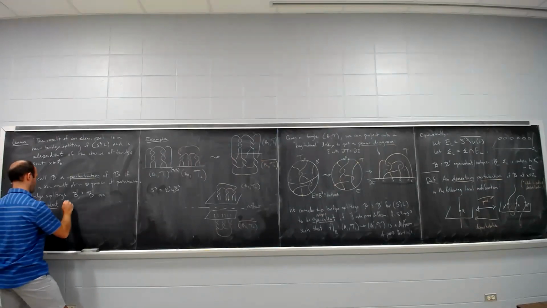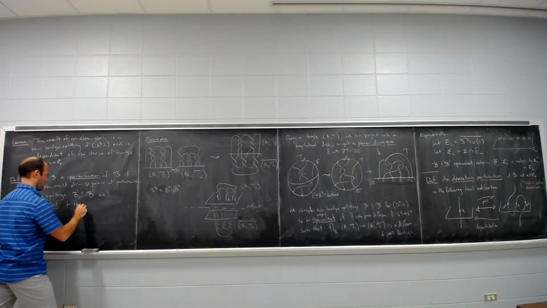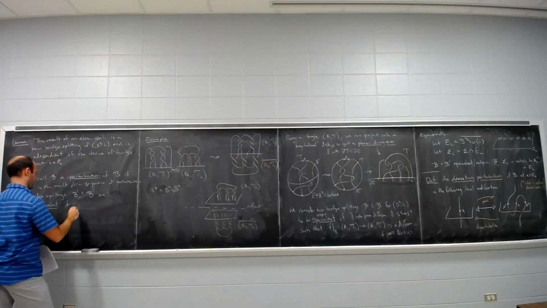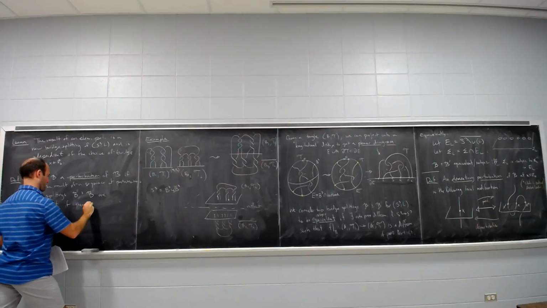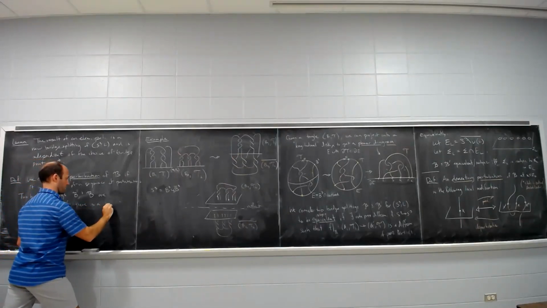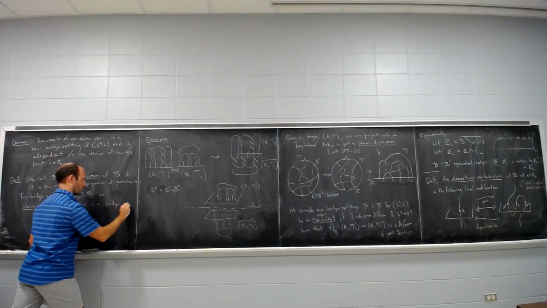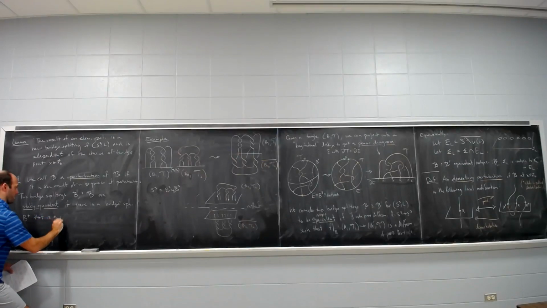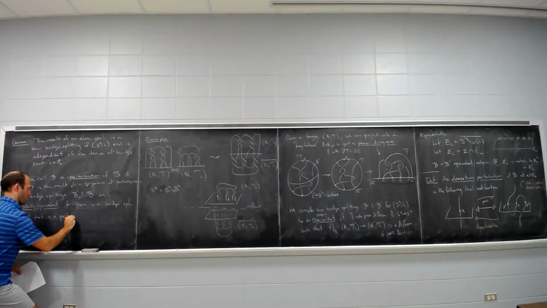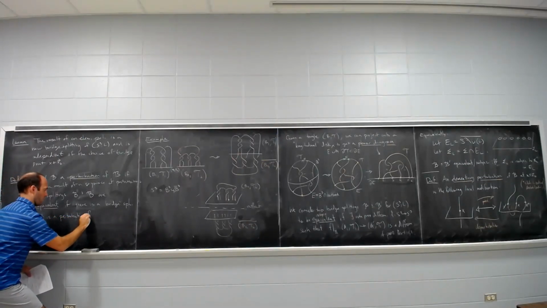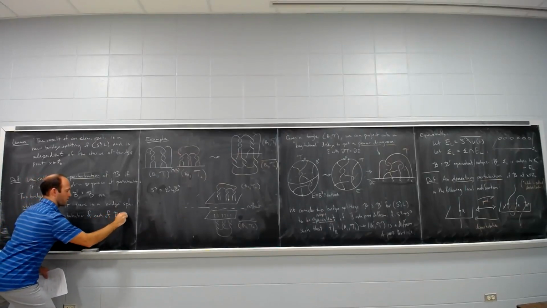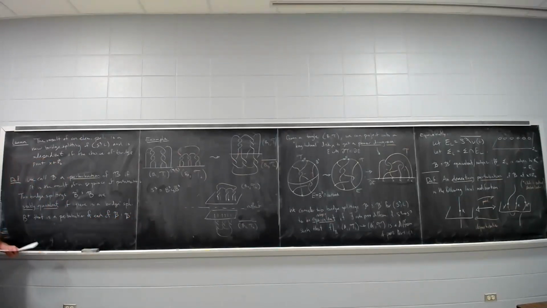They are stably equivalent if there is a bridge splitting B plus that is a perturbation of each of B and B prime.